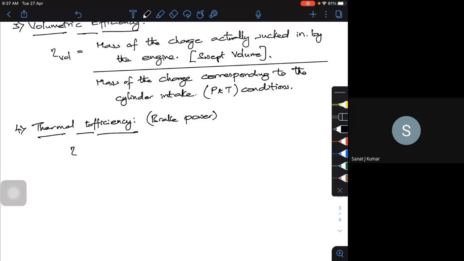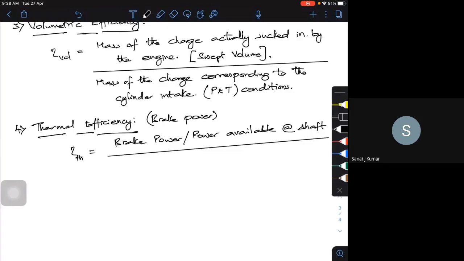of the brake power, or the power available at the shaft, to the heat supplied, which is your QH.